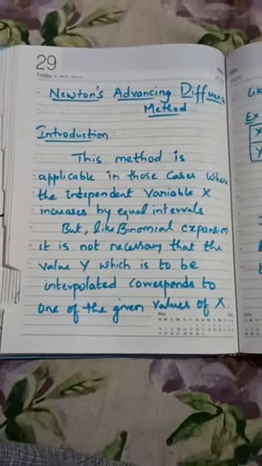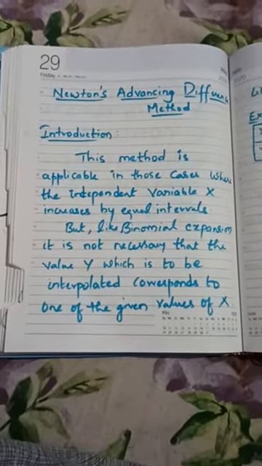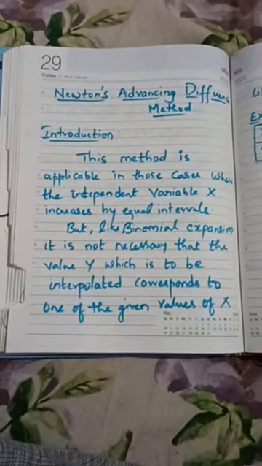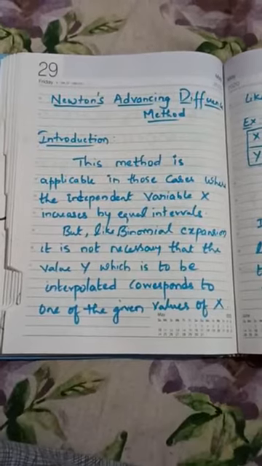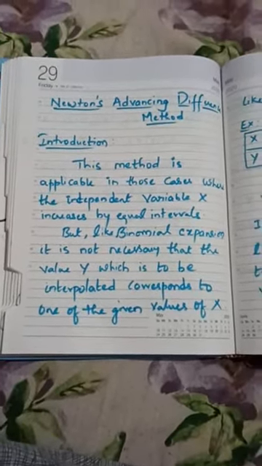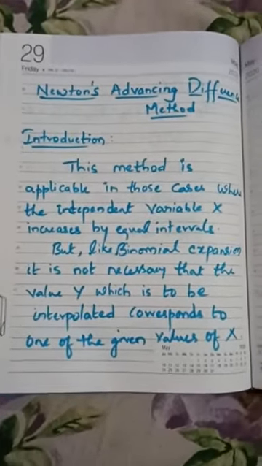In the same way, in Newton's advancing difference method, that is not at all necessary. The missing value also need not be shown, and the missing y need not correspond to a value of x. So I'll show you the example for this now.